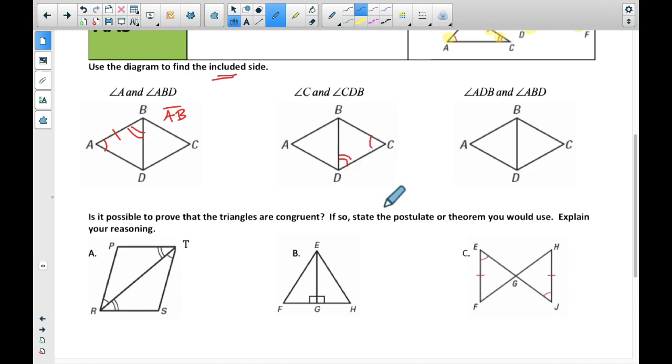So where would the included side be? It's going to be here, side CD, because it's in between the two angles. And lastly, angle ADB, which is here, and angle ABD, which is here. And where is the side that's in between those two? It's this one. It's BD. So that's what we mean when we talk about the included side.